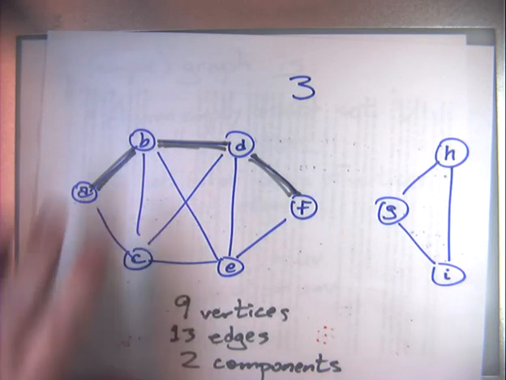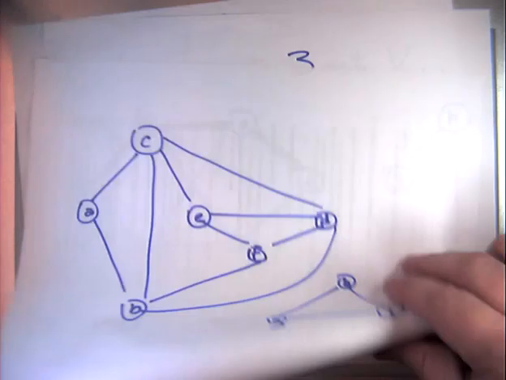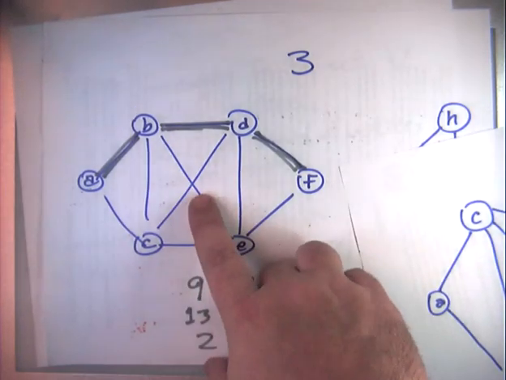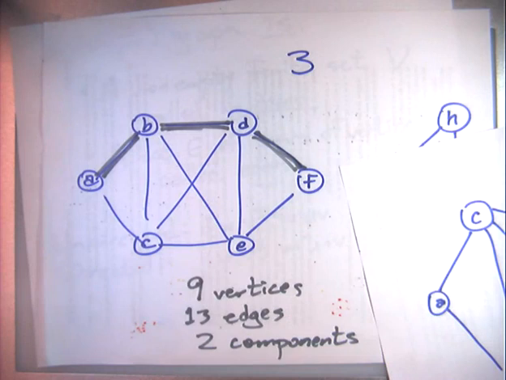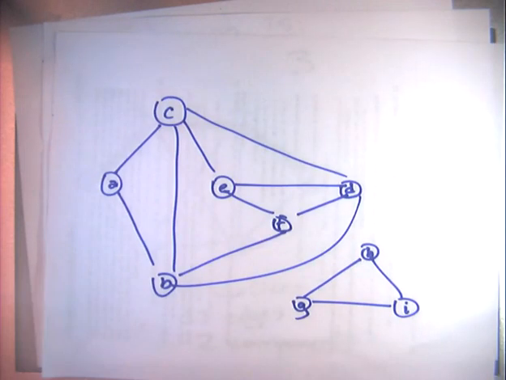So here is another drawing of exactly the same graph. The same vertices with the same labels with the same edges. Now, the difference between the drawing that you saw earlier and the drawing that I'm putting up here now is in the original drawing I had this pair of edges that crossed each other, and in the new drawing all of the edges are disjoint except where they meet at the endpoints.